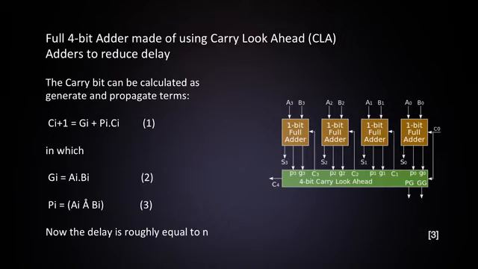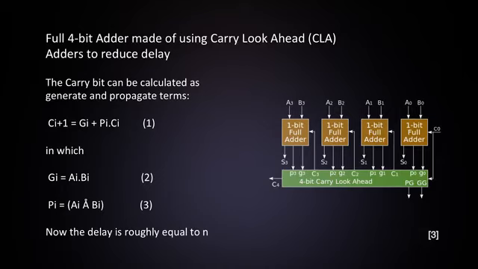If you have carry of I plus 1, that's going to be equal to the generate of I plus the propagate of I ANDed with the carry of I, in which the generate of I is equal to the A input of I ANDed with the B input of I, and the propagate of I is equal to A XOR B. Now the delay is roughly equal to n, a big improvement over the ripple carry adder, but at the cost of a much more complex carry bit calculation.